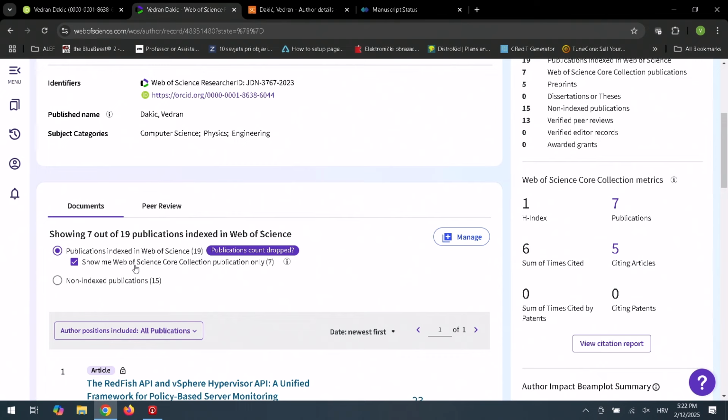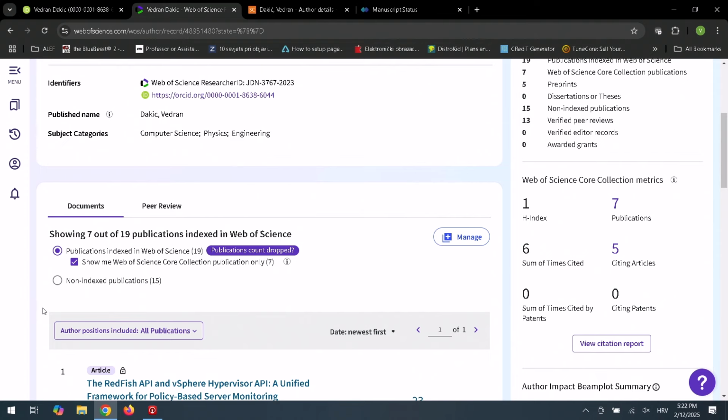For me, for our area of scientific research, which is computer science, the most important database is Web of Science Core Collection, which has a couple of different indexing schemes.